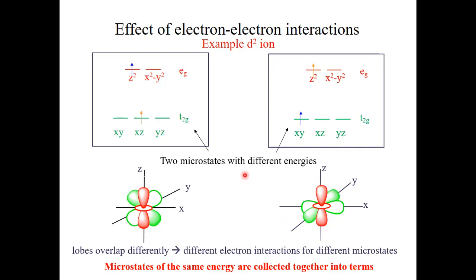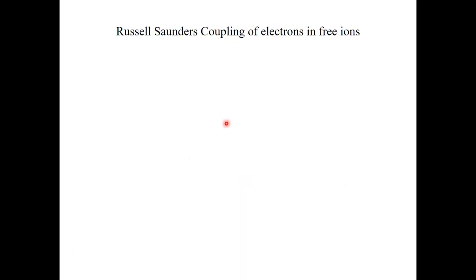Now let us more quantitatively determine what determines the energy of a particular microstate. Let us first consider what is called the Russell-Saunders coupling of electrons in free ions.